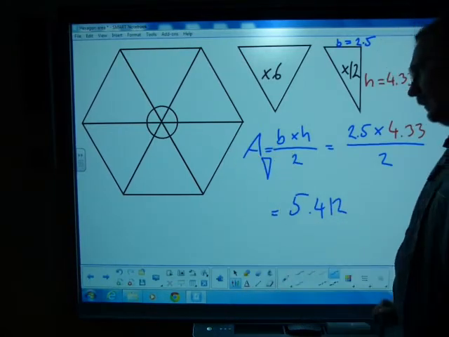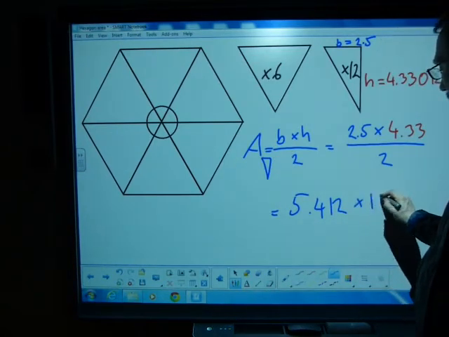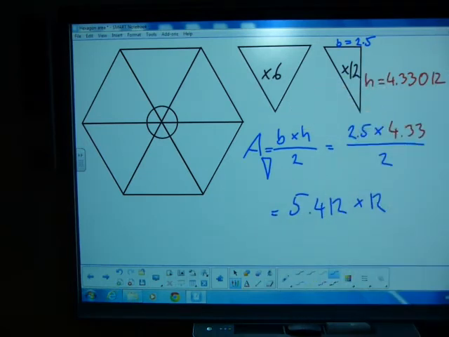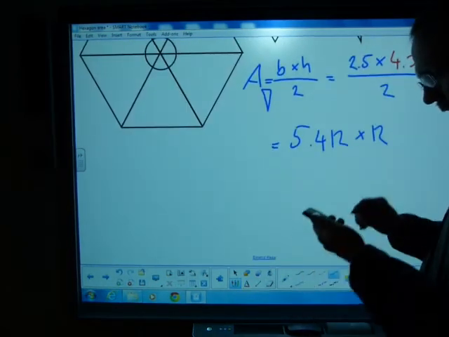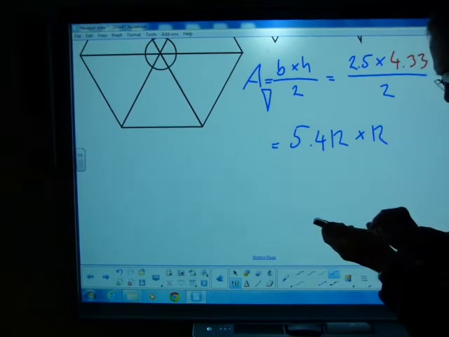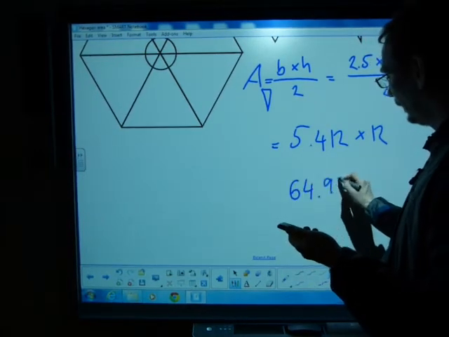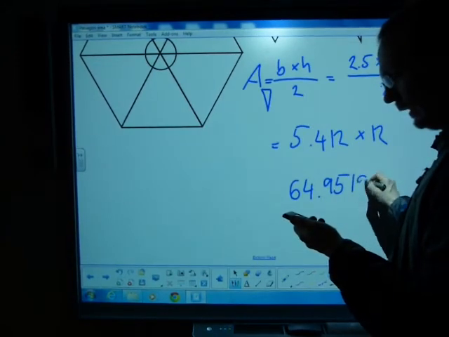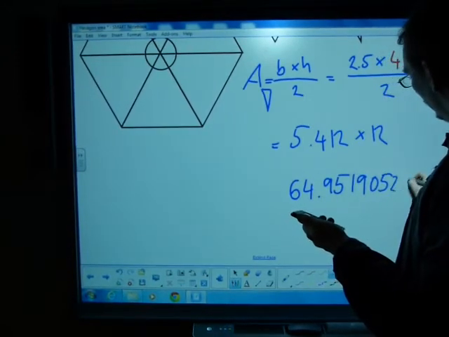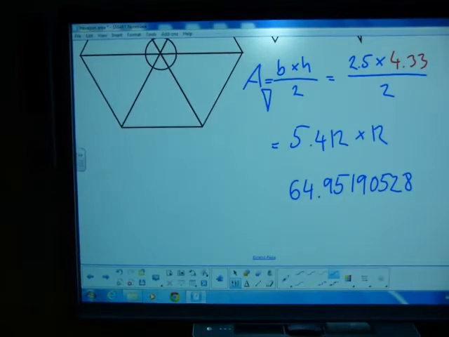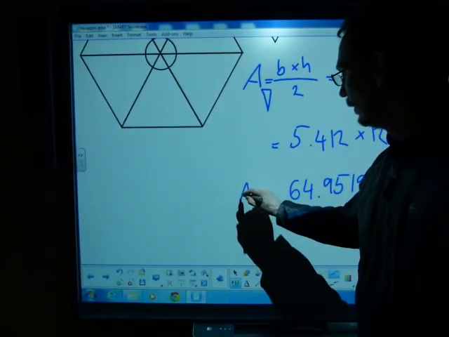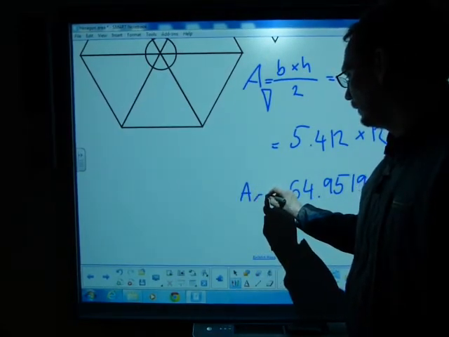Don't get rid of the rest of the digits, because now I need to multiply it by 12, because there's 12 of them that make up the hexagon. And if I do so, I get the number 64.95190528 for the area of the hexagon.